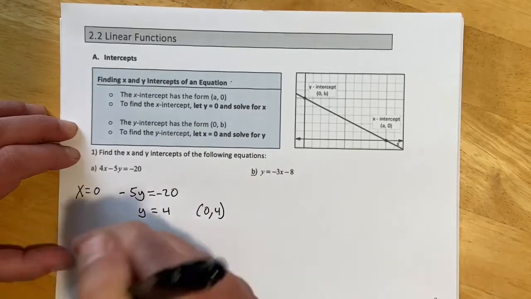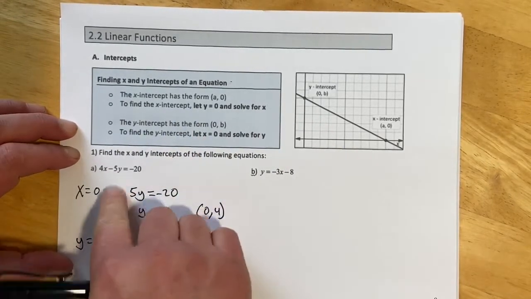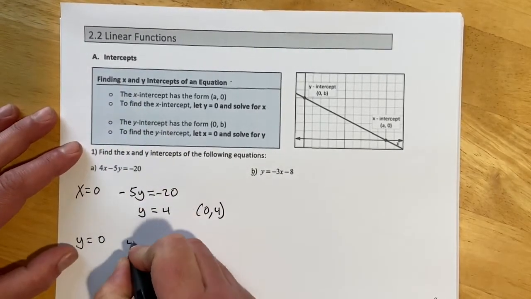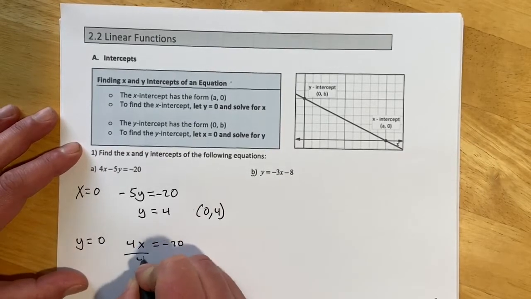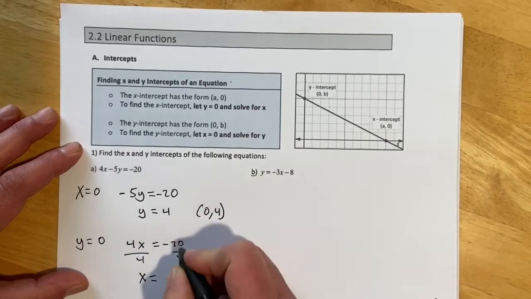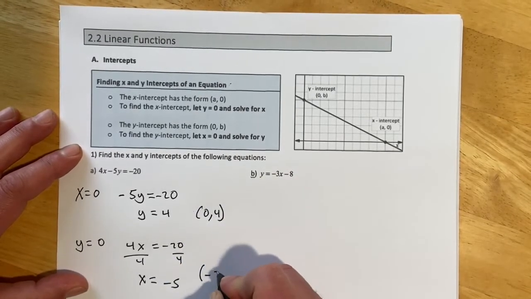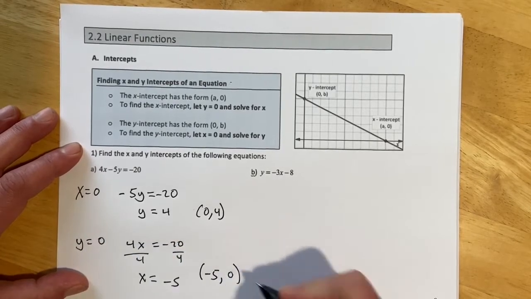To find the other intercept, we let y equal 0. When y is 0, this piece drops out, and I'm left with 4x equals negative 20. Dividing by 4, we get x equals negative 5. As an ordered pair, when x is negative 5, y is 0.